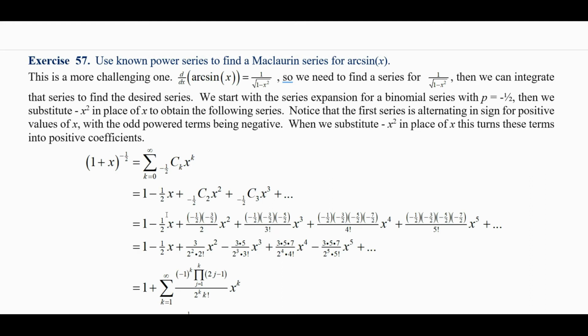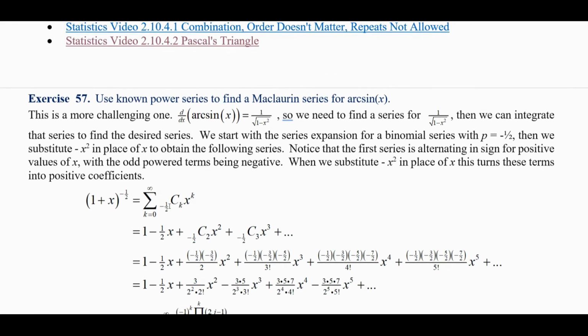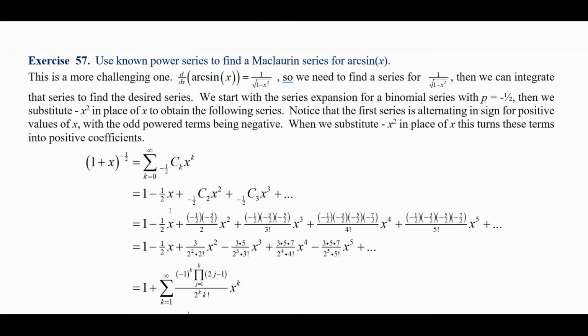The first one here is just 1, and then you get negative 1/2 for the coefficient. It's over 1 factorial, which is 1. You get negative 1/2 minus 0. Okay, and the next one's negative 1/2 times negative 1/2 minus 1, which is negative 3/2.